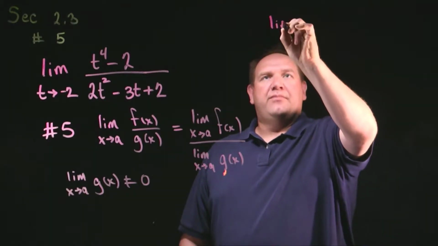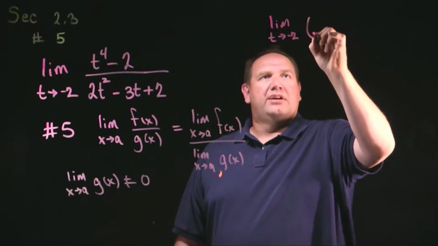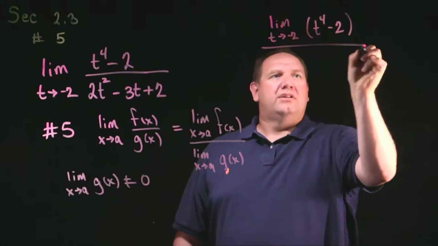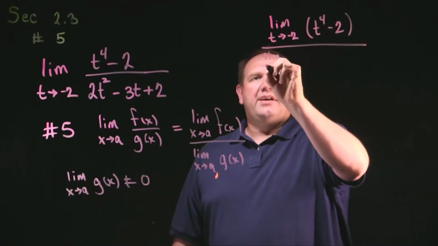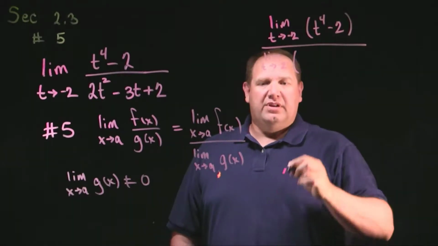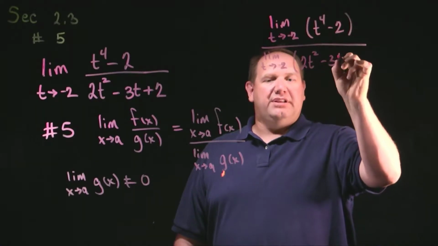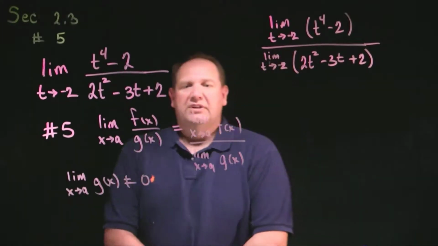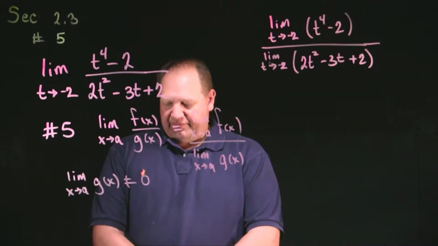The limit as t approaches -2 of t to the fourth minus 2, all divided by the limit as t approaches -2 of 2t squared minus 3t plus 2. Okay? So I did that by applying limit law number 5.